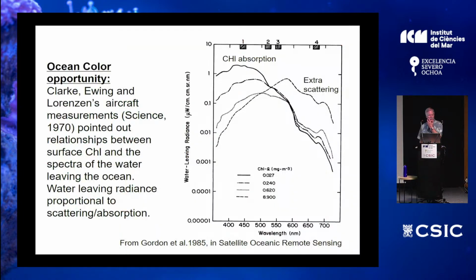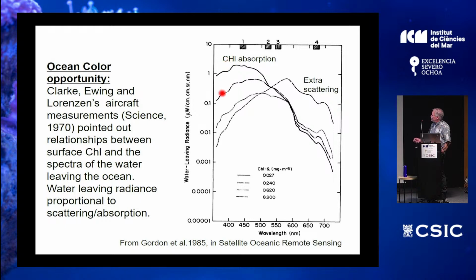So first, hopefully most know, the opportunity ocean color offers is if you look at these water-leaving spectra, as you change the amount of chlorophyll in the water, the amount of blue light goes down as you increase chlorophyll because of absorption of chlorophyll, and so the water-leaving radiance is proportional to scattering over absorption.